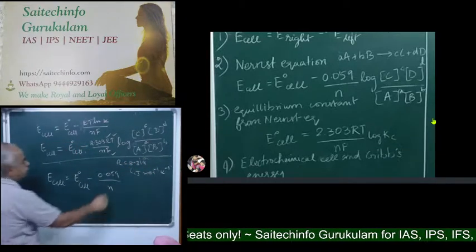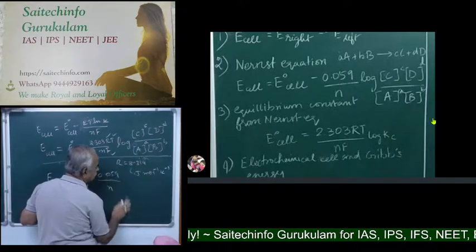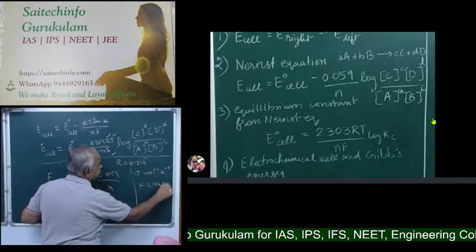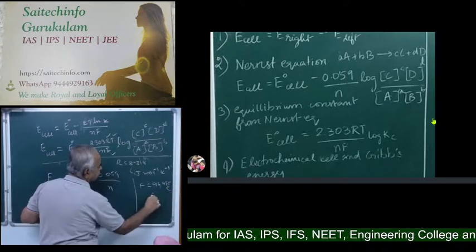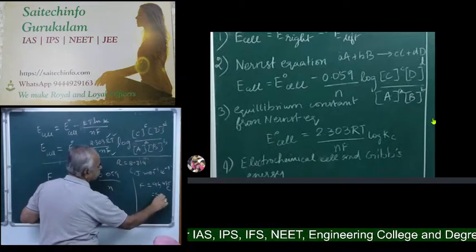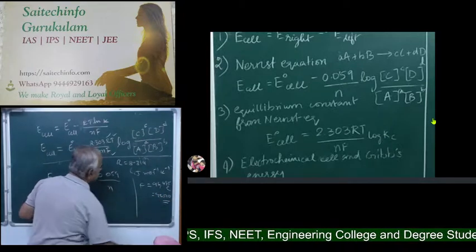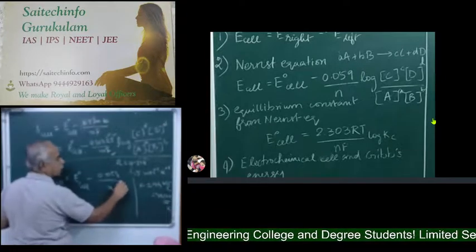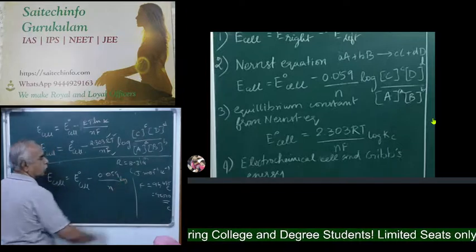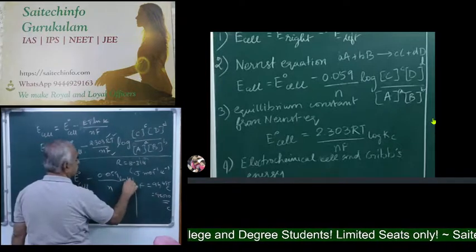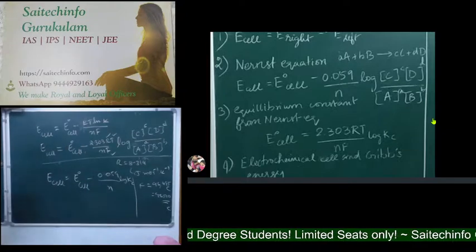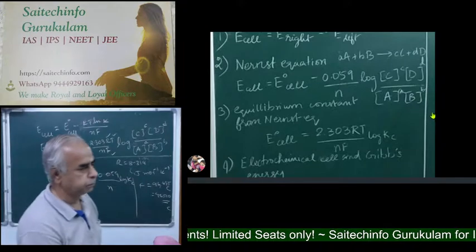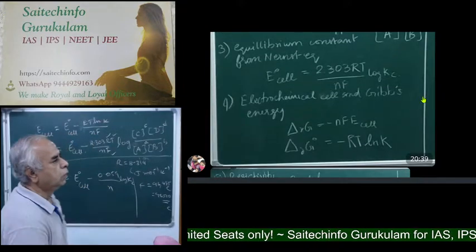And F, as I already mentioned, the Faraday, is 96,495 coulombs, and you can roughly represent it as 96,500. So 0.059, and this is log to the base 10, of Kc, that is the equilibrium constant based on concentration terms. Likewise, you can introduce this Nernst equation.